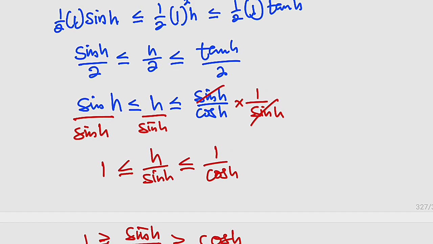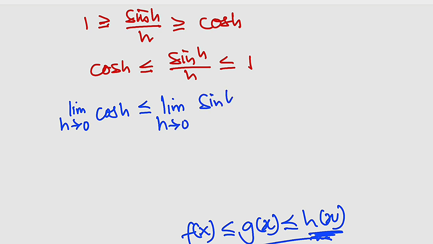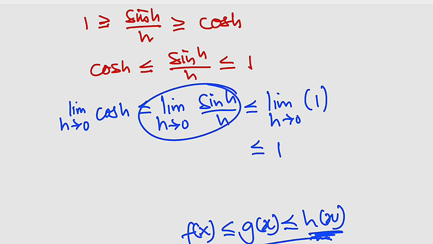So what limit are we taking as h approaches 0? So we take the limit as h approaches 0 of cos h less than or equal to the limit as h approaches 0 of sine h divided by h less than or equal to the limit as h approaches 0 of this constant 1. I told you limit of constant is constant, so it must remain constant, and we are looking for this one.